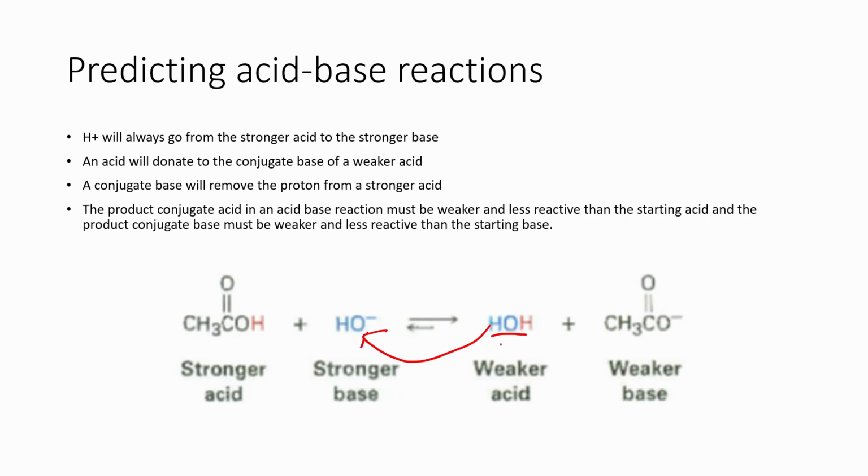So this is actually the acid and this is the conjugate base of our water. So in this case, an acid will donate to the conjugate base of a weaker acid. Since this is the conjugate base, again, the hydrogen from acetate will give it to the conjugate base of the weaker acid. So these two are generally the same, but they state it differently.